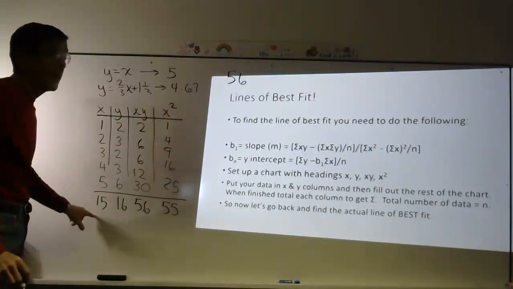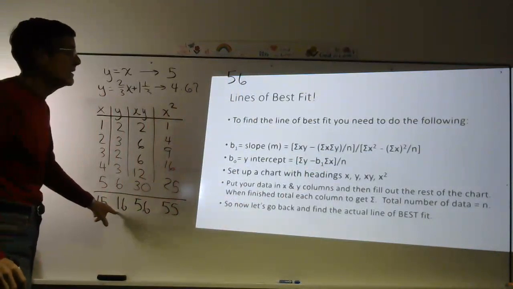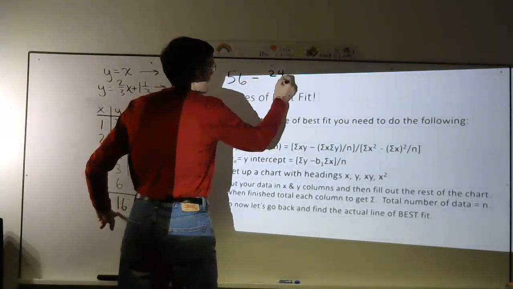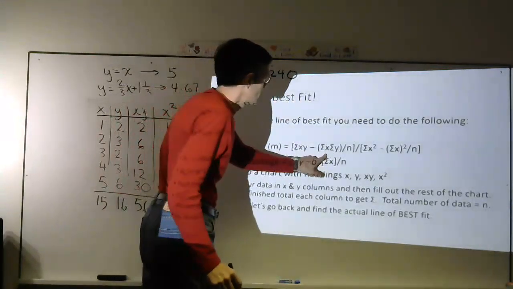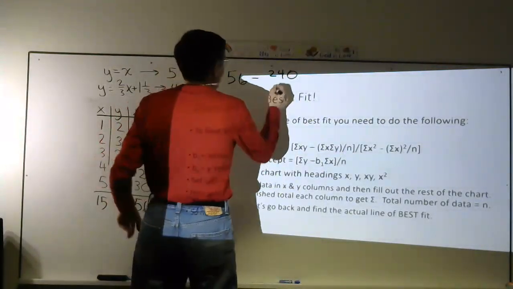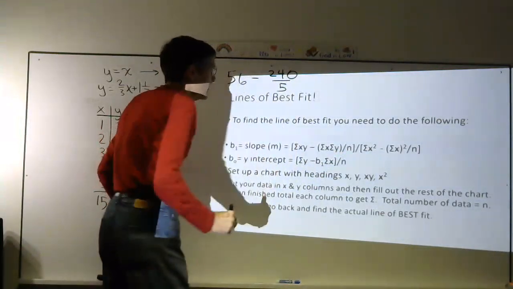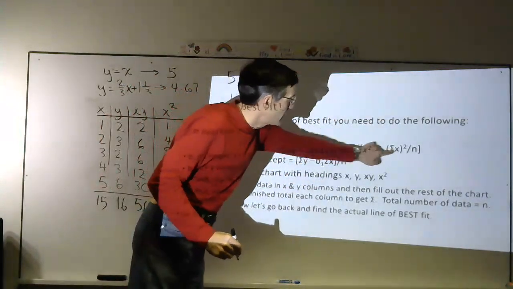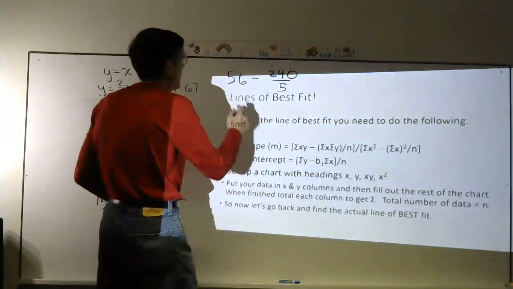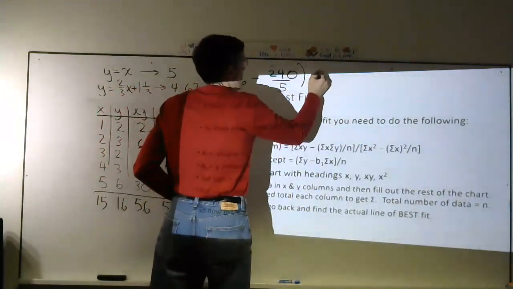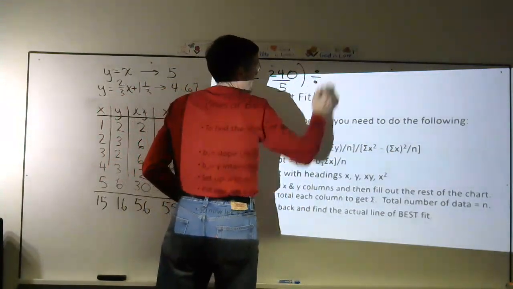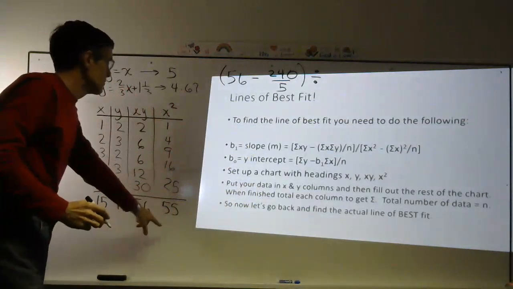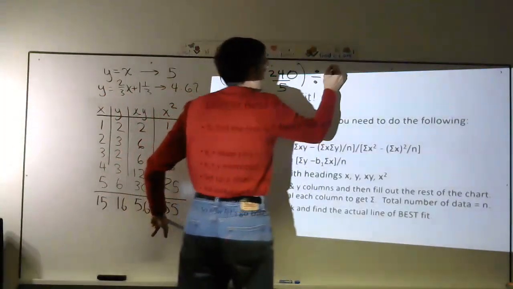So I have to multiply 15 times 16, which is 240, divided by the amount of data, which is 5. Then this whole thing is divided by the summation of the x squareds, which is 55.